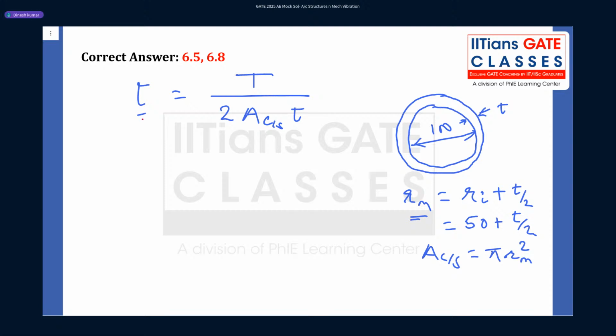They have given tau allowable, and for this tau allowable we need to find this thickness t. Tau allowable is 42 megapascal. Now we will keep all units in Newton and mm, so 42 megapascal is nothing but 42 Newton per mm square.